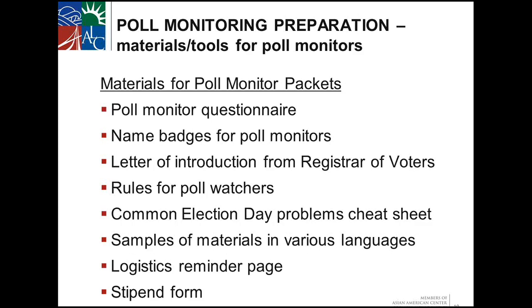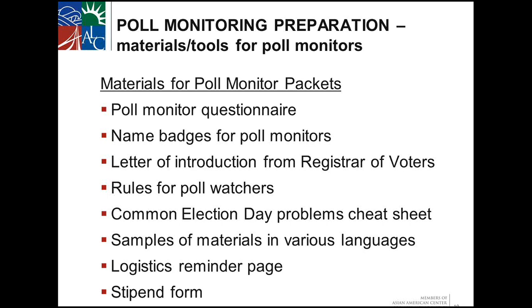And then finally, for poll monitor preparations, the materials that you're going to be providing your poll monitors. Try to think about what you would include in that poll monitor packet that you hand off to volunteers before they head off on Election Day to hit their polling sites.